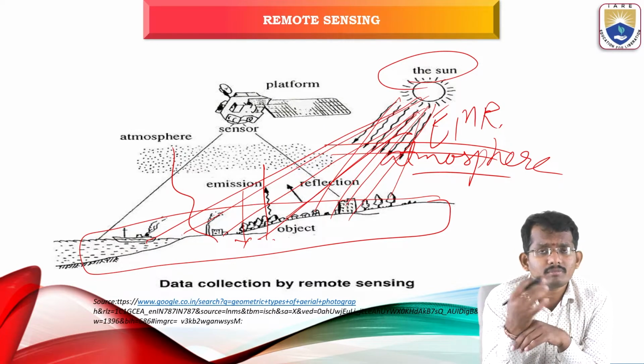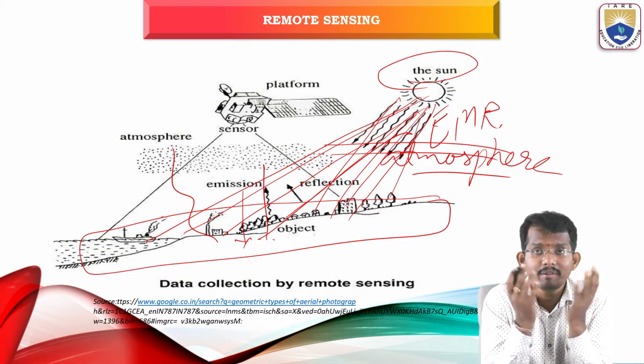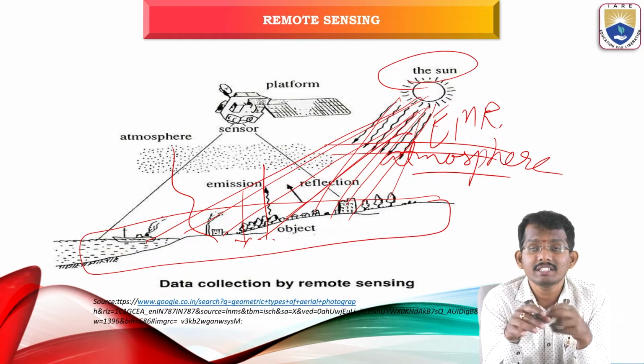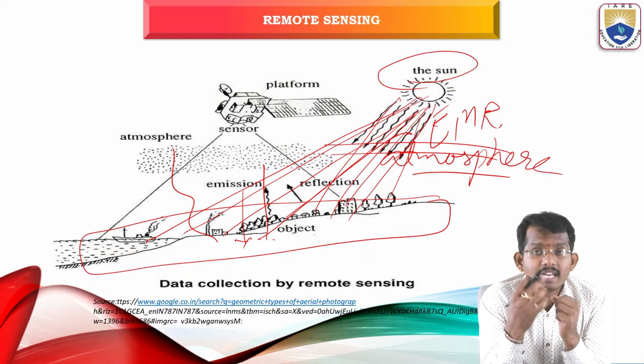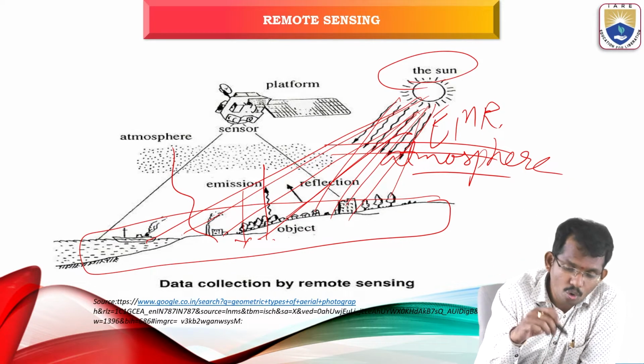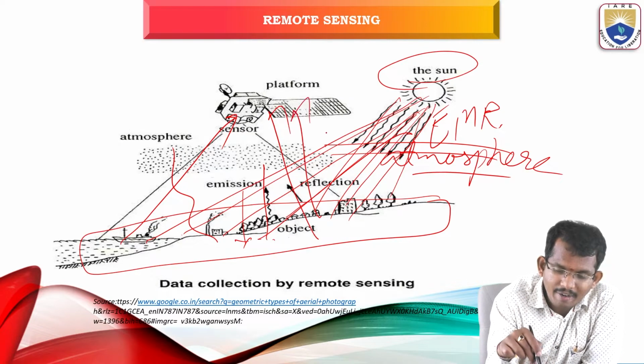And whatever energy is reflected back, this energy is stored in the sensors. Again, this is sent back to the satellite and is stored in the platform, where the platform is the satellite here.